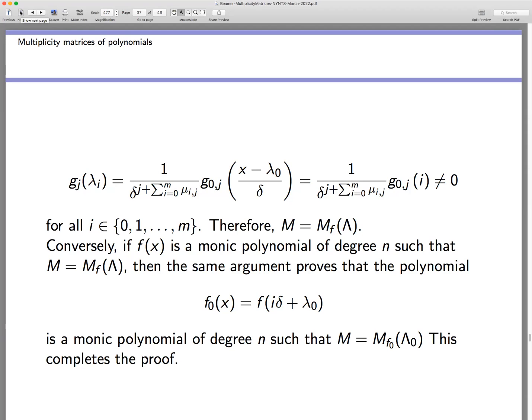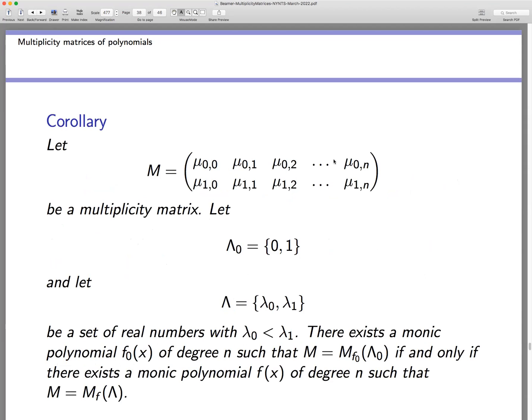Now, arithmetic progressions don't normally come up, except when you have two numbers, because every set of two numbers is an arithmetic progression. So as a corollary of that result, when you're only looking at sets lambda with two different values, where you're evaluating the polynomial, what's true for any set is true just for 0 and 1, and conversely.